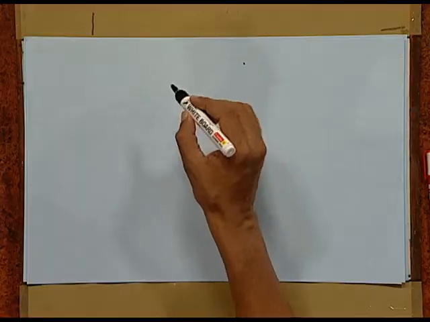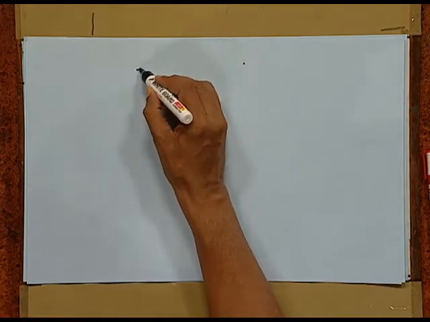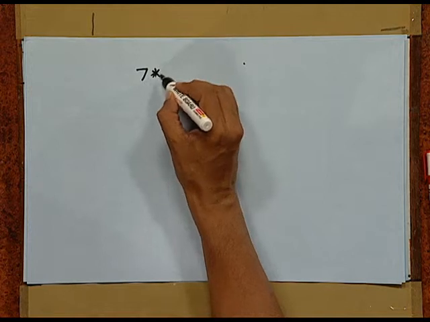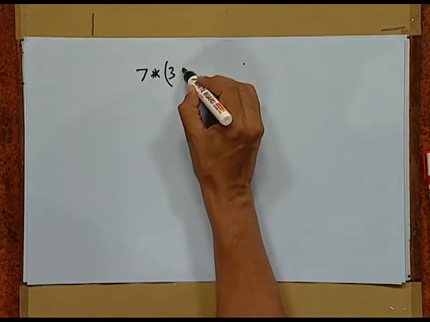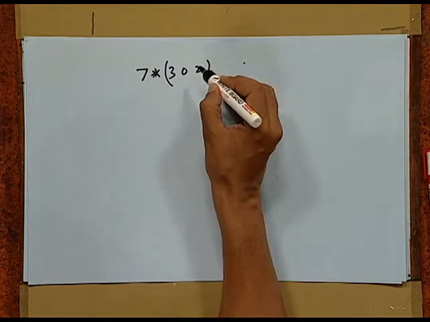For the last part of the problem, we have to show that the operation star is distributive over the operation O. For this, we have to show a counter example. Let us take 3 elements, say 7, 3 and 2. We have 7 star (3 O 2).